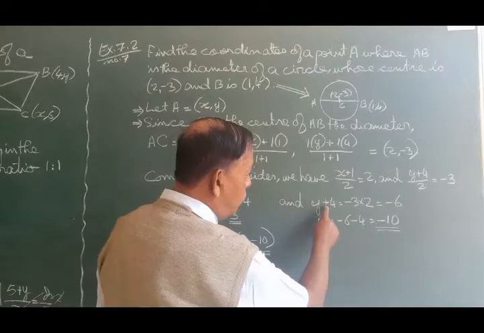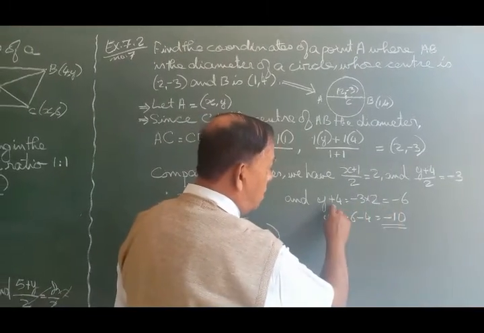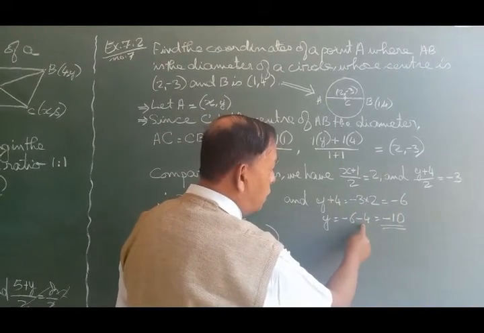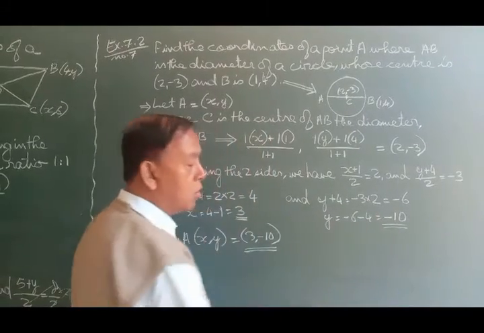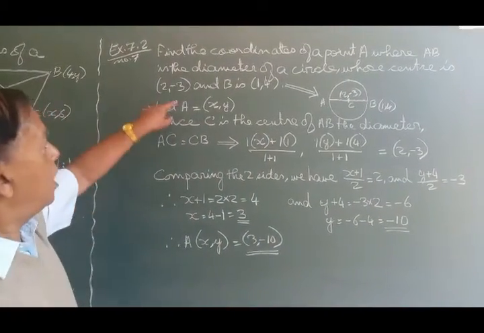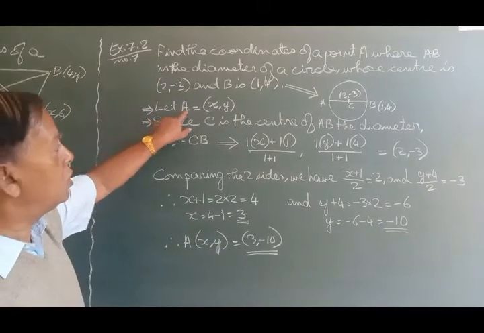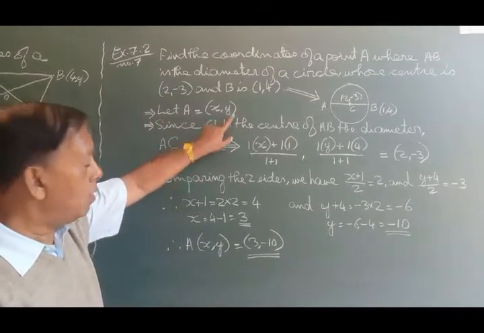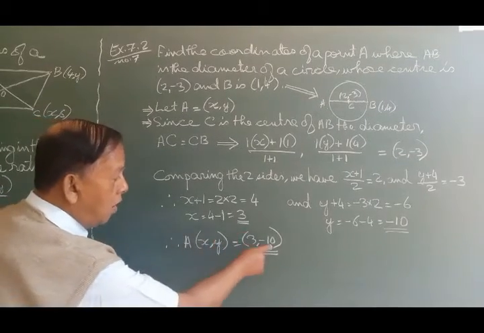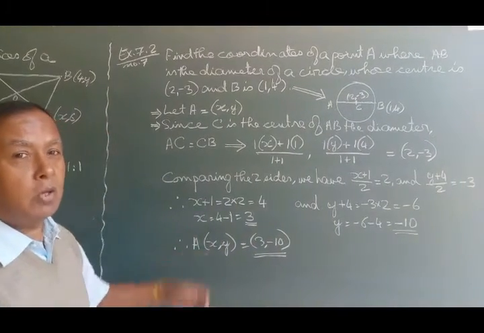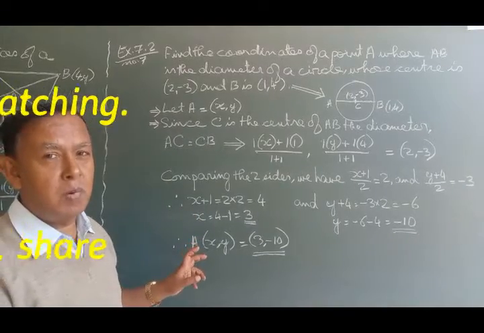And then we have 4; transfer the 4 this side, plus 4 becomes minus 4. Minus 6 minus 4 is minus 10. So y is equal to minus 10. We have already said that A is equal to x, y, therefore A is equal to 3 and minus 10. We have the coordinates.